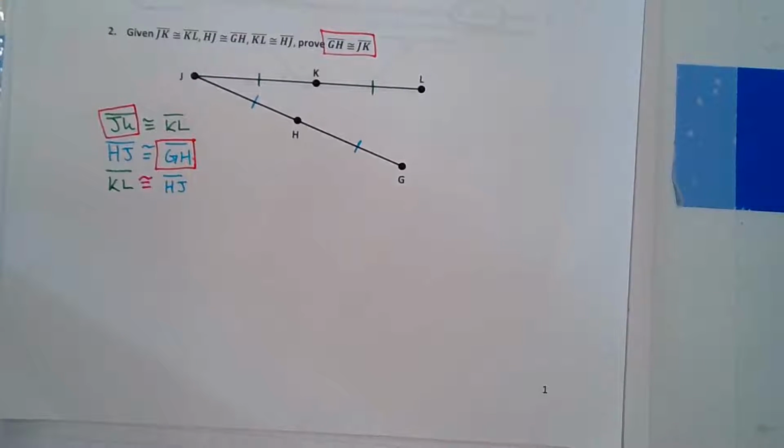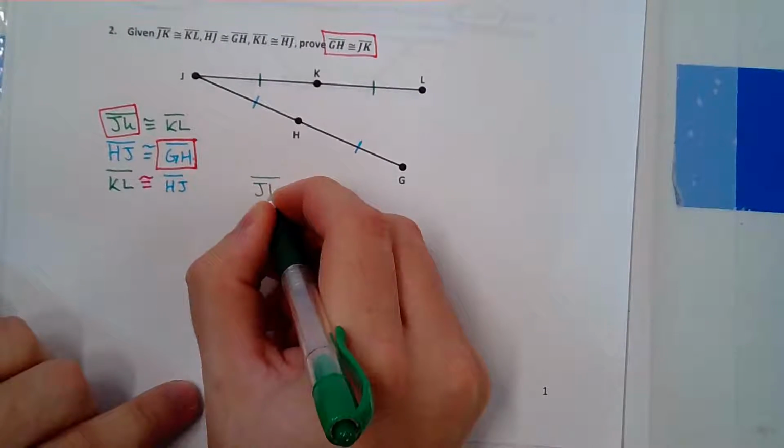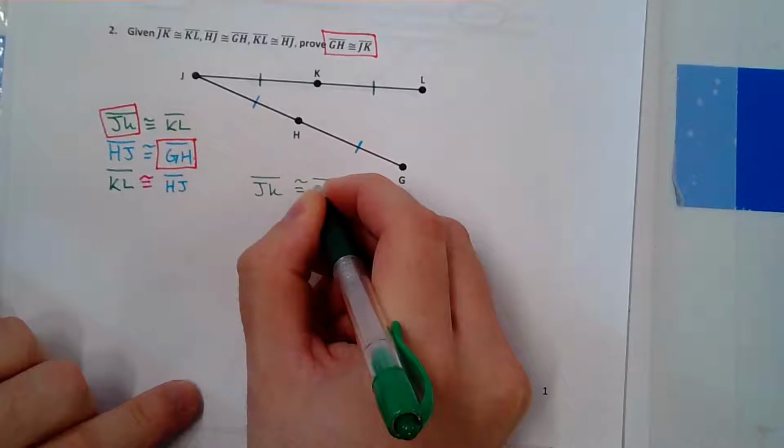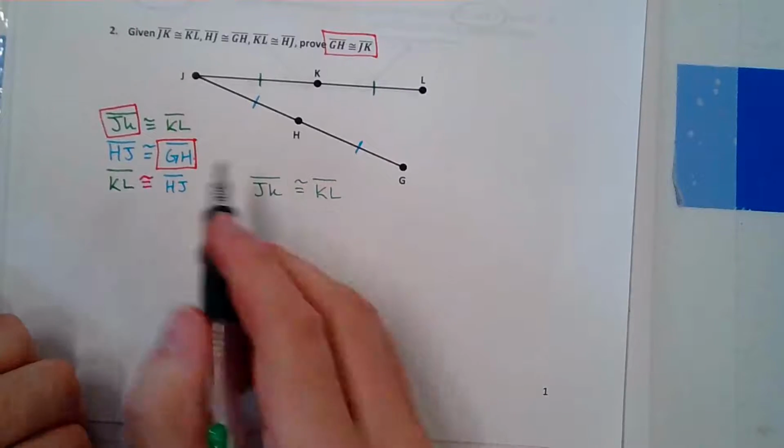What do you think? If JK equals KL and KL equals HJ, and HJ equals GH, that means... So here's what he's saying. We're not going to call this the proof yet. But he says, look, I know that's true, right? It's given to us.